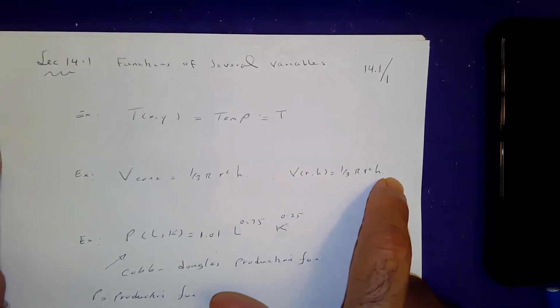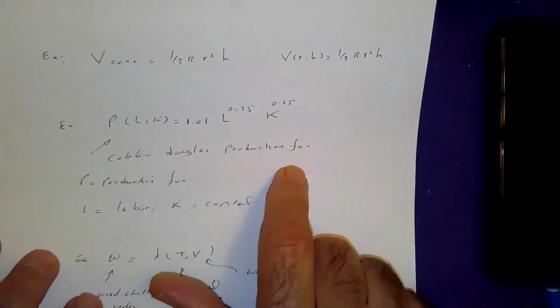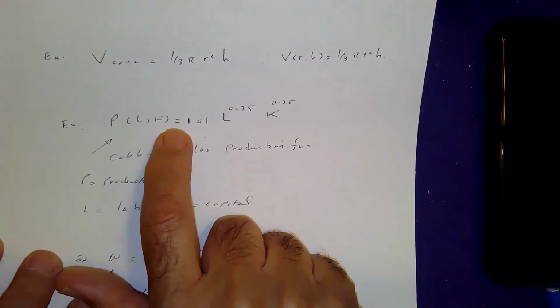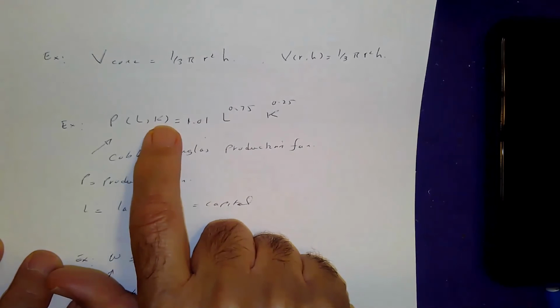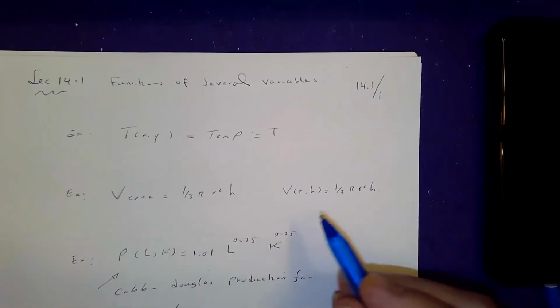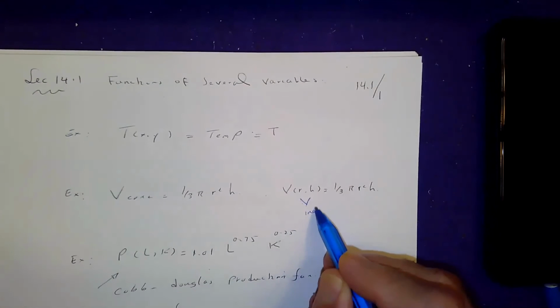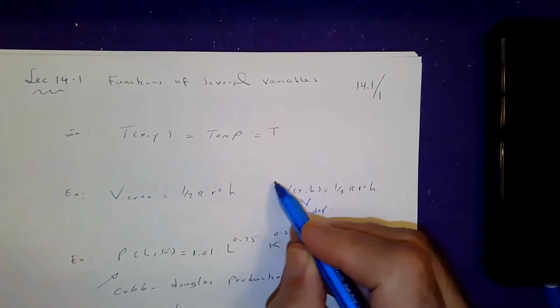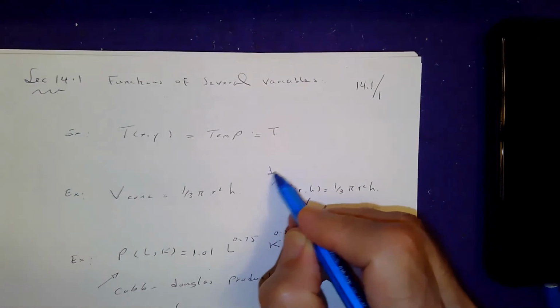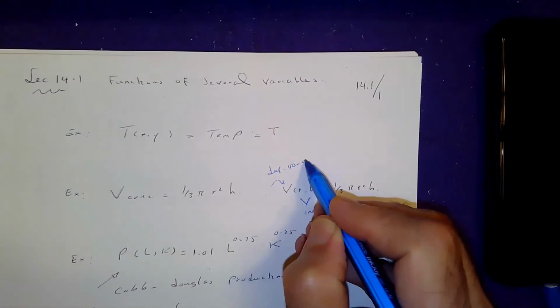In the business field, they have the Cobb-Douglas function, which is P(L, K). The independent variables are what you see inside the parentheses, and what you see as a letter on the left is the dependent variable.